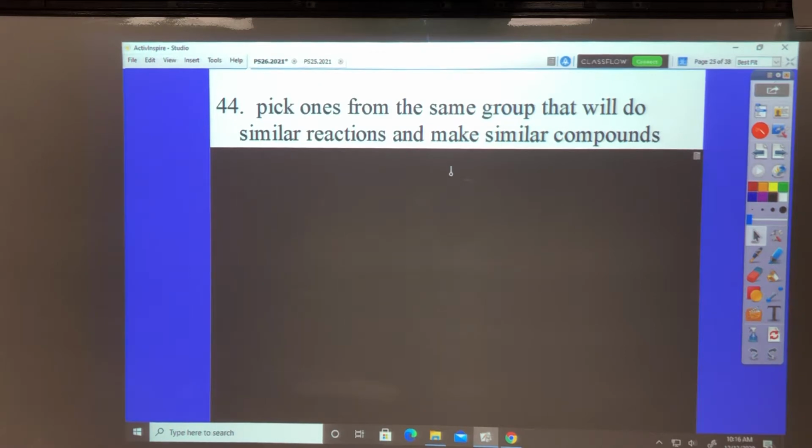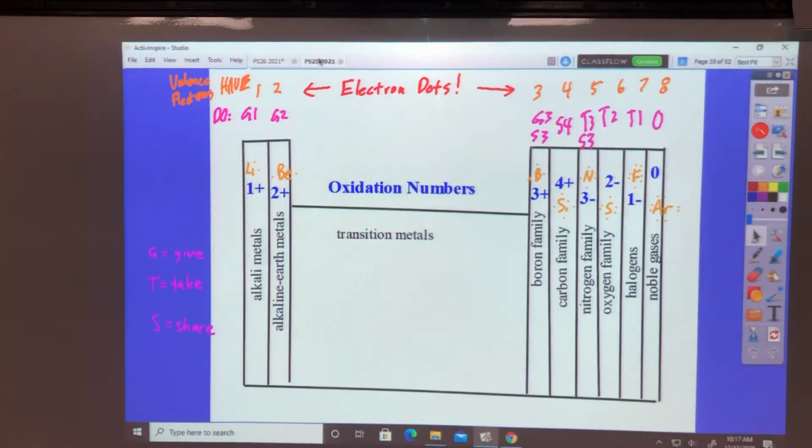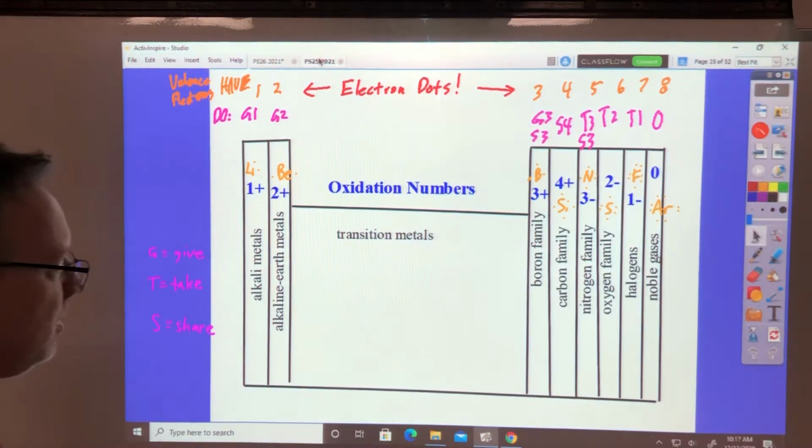All right, number 44 is an interesting question. You might think this is kind of hard, but once you see what they're doing. It says, elements from one group of the periodic table generally combine with elements from another group and polyatomic ions in the same ratio. Let me give you an example. They are saying calcium forms CaCl2 and calcium forms CaF2.